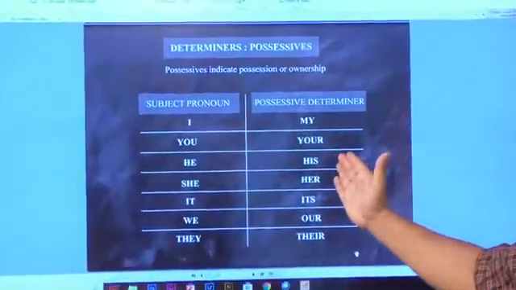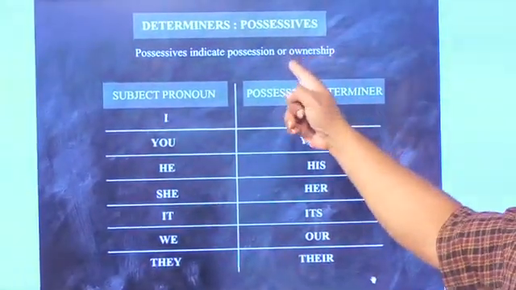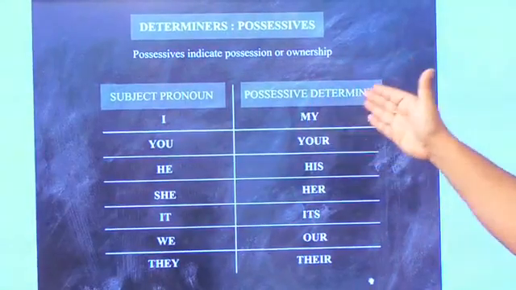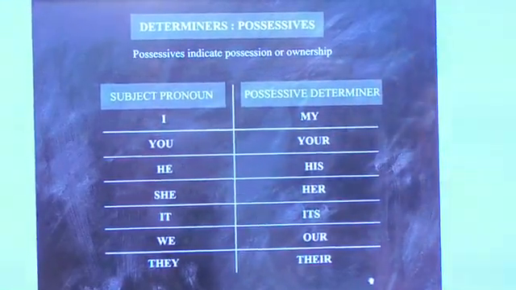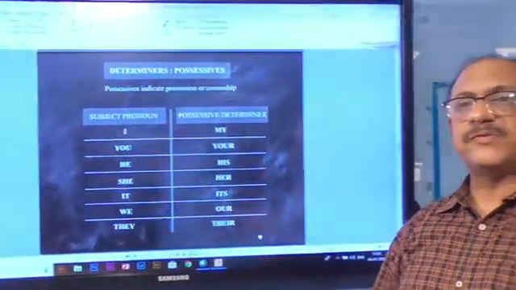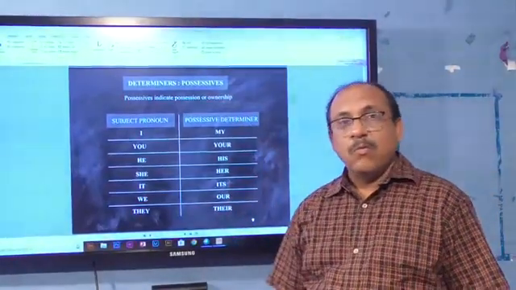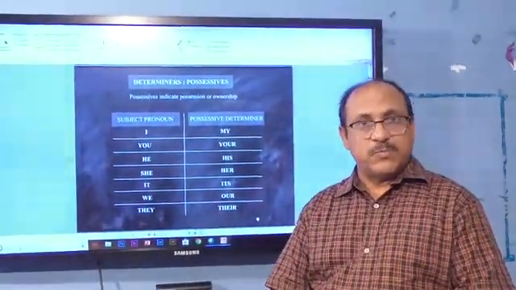This is the second type of determiners, possessives. We have possessive determiners: my, your, his, her, its, our, their. What do we understand by possessives?